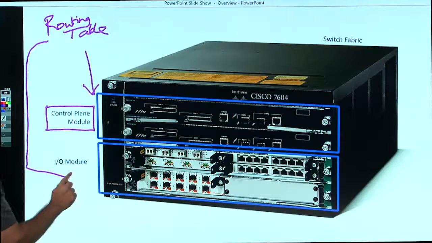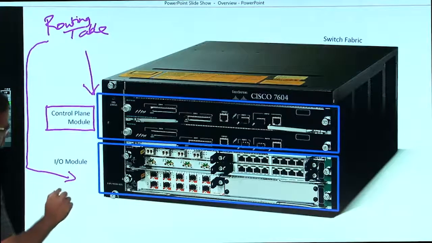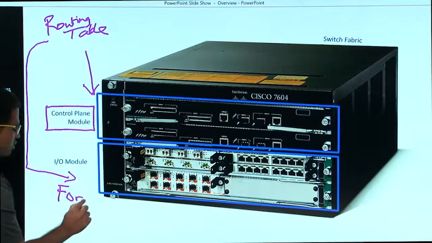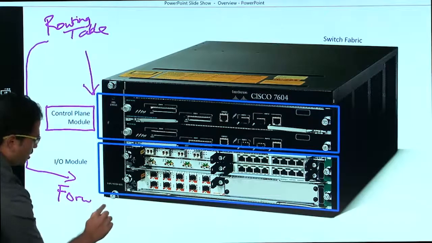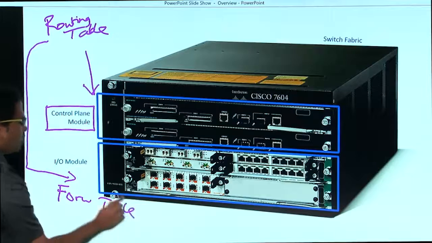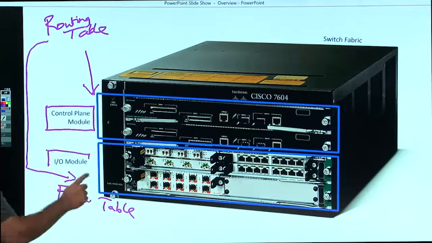This was then eventually optimized and programmed on the I/O module. So the forwarding table was what was programmed in the I/O module.